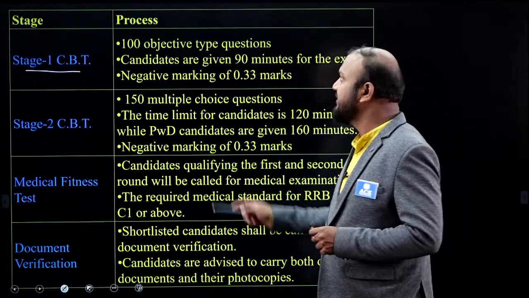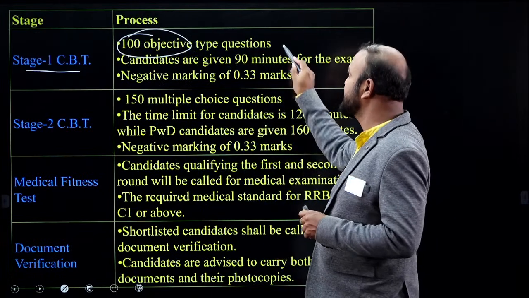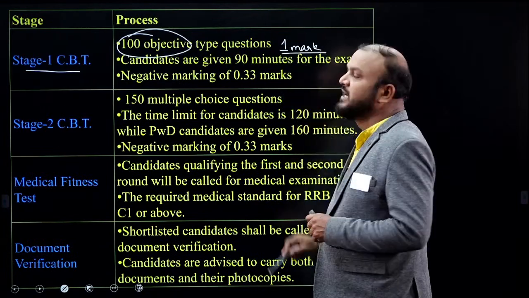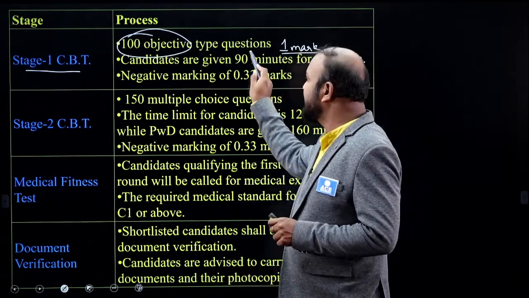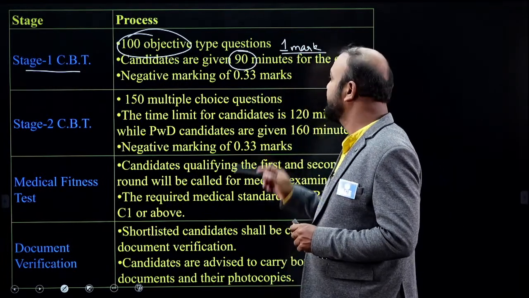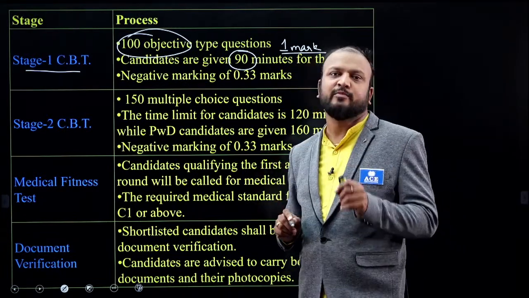Stage 1 CBT has 100 objective type questions, and all 100 objective type questions are 1 mark questions. It means 100 questions, 100 marks. And the time given for this CBT 1 will be 90 minutes. And one important thing is there is negative marking.